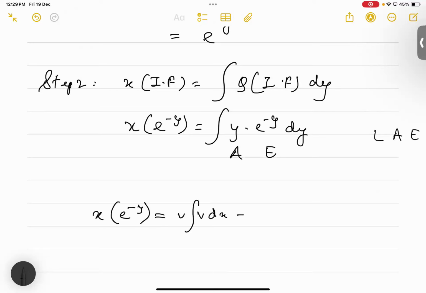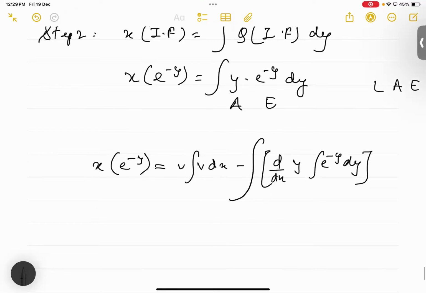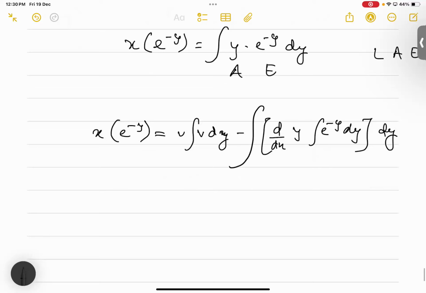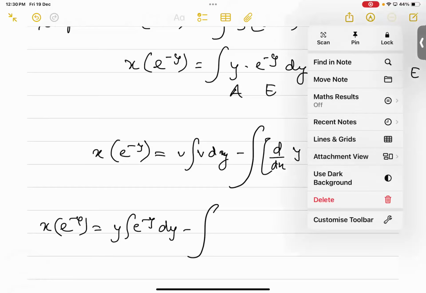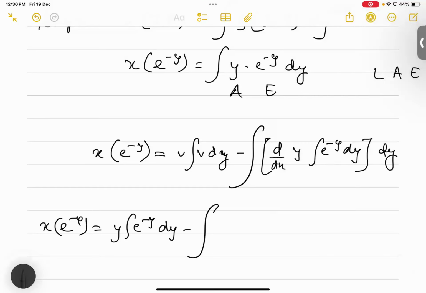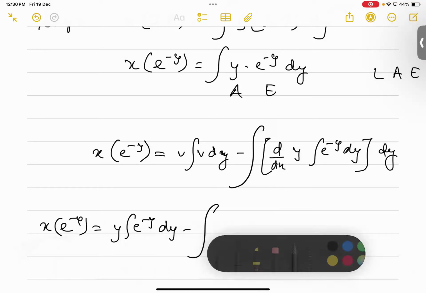U integration v dx minus bigger integration dy dx of u. Clear? But everything I'm writing in terms of y now, not x. Guys, you understood now why? Integration by parts. Oh, I just mixed two things. I just mixed the formula with this. I'll first write down the formula very clearly and then I'll put the values, okay?